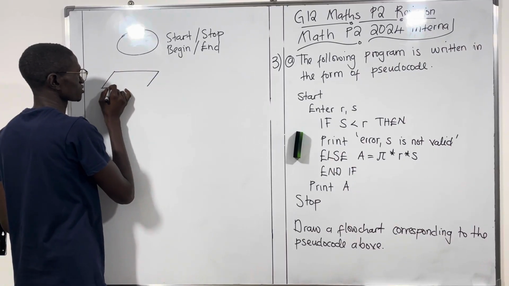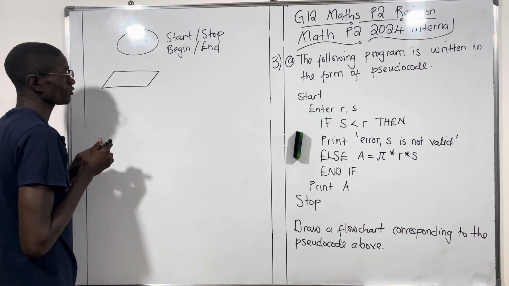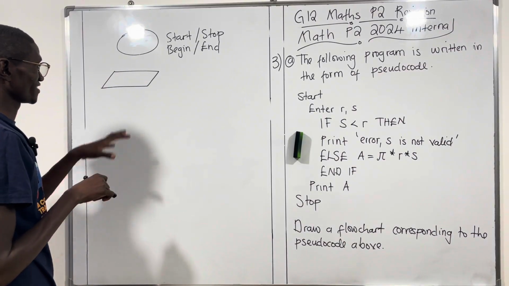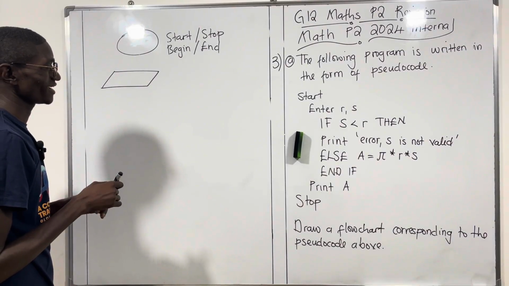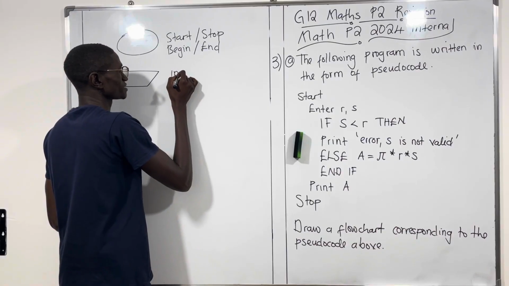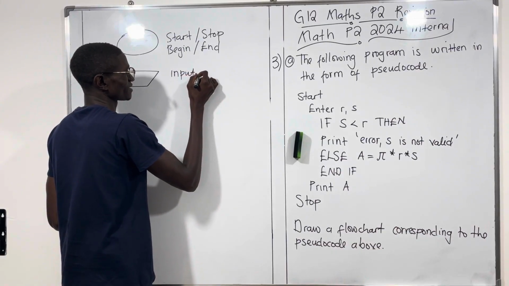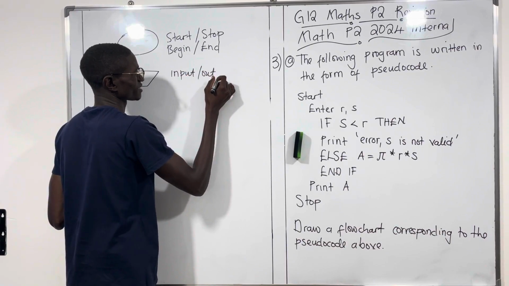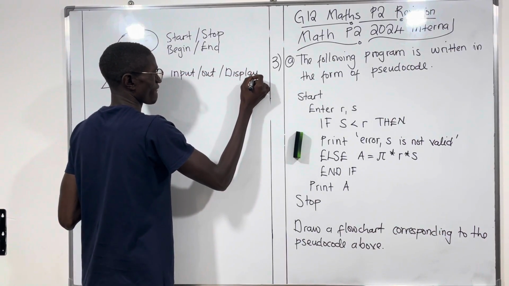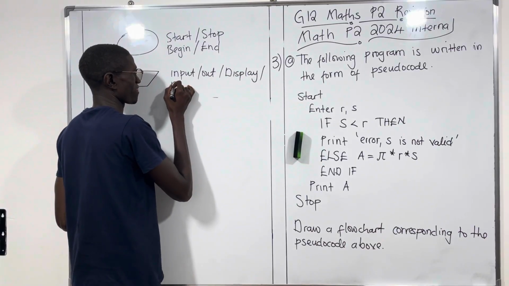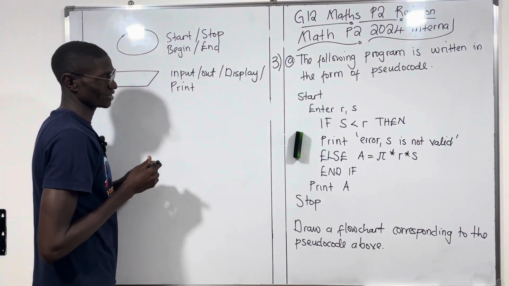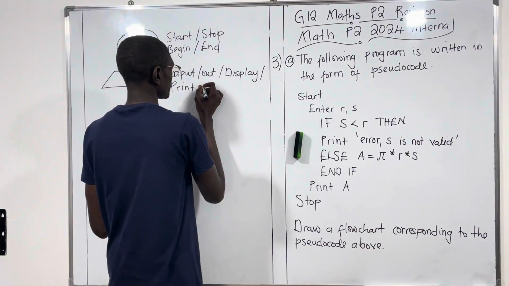A parallelogram looks like a weak rectangle, like it's weak around the knees and about to fall to the side. You use this one whenever you see the words inputs, outputs, display, or the word print, and enter.